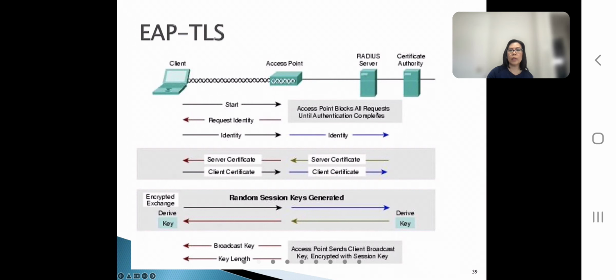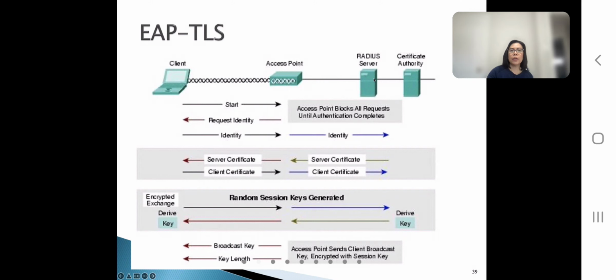Basically, it will block all the requests until the authentication completes. The access point then asks the client for the identity. The client provides the identity. And then the access point sends the identity to the server to be authenticated, because this is where the credentials of the client are stored.